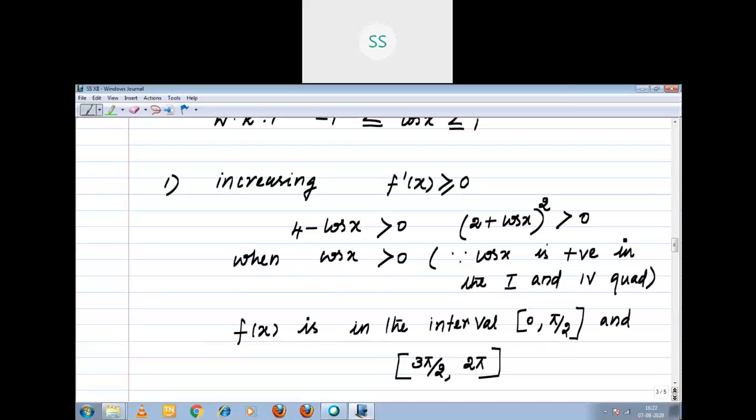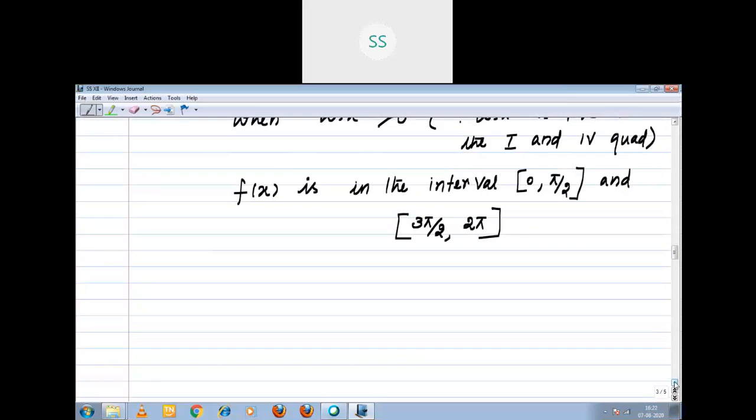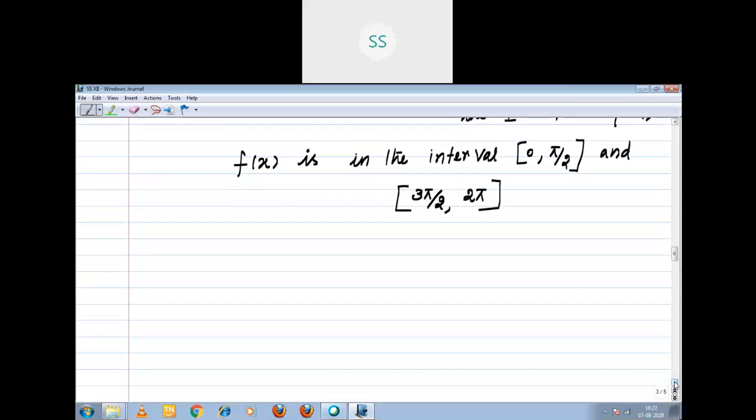Now, second one, decreasing. F dash of x, second part is decreasing, so f dash of x is less than or equal to 0 when cos x is negative.